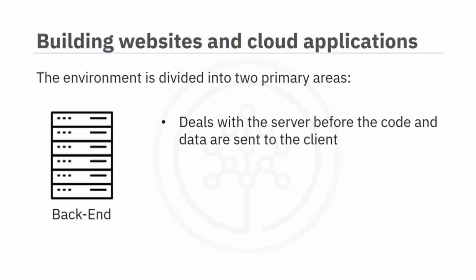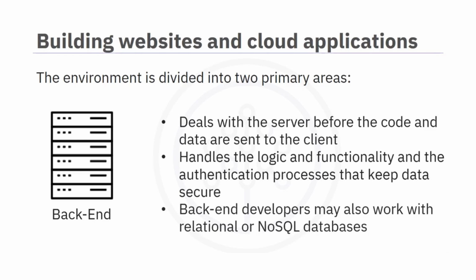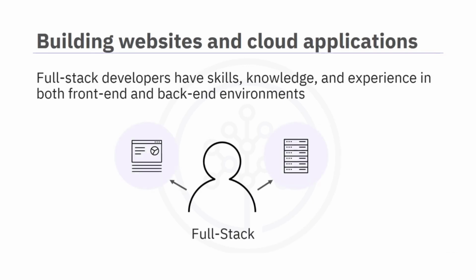The back-end coding usually handles the logic and functionality that make the website or app work, and the authentication processes that keep data secure. Back-end developers may also work with relational or NoSQL databases, even collaborating with database administrators in bigger projects. Full-stack developers have skills, knowledge, and experience in both front-end and back-end environments.